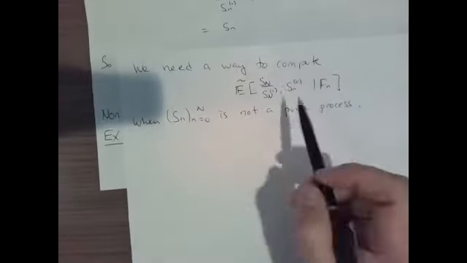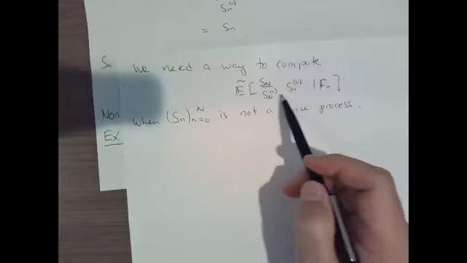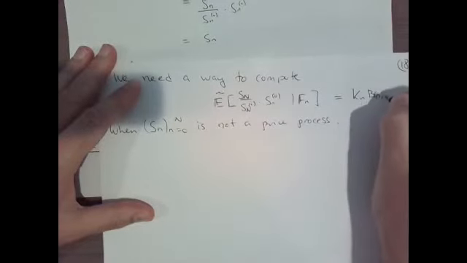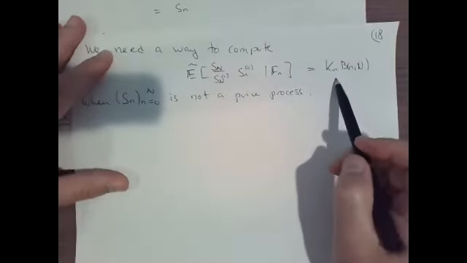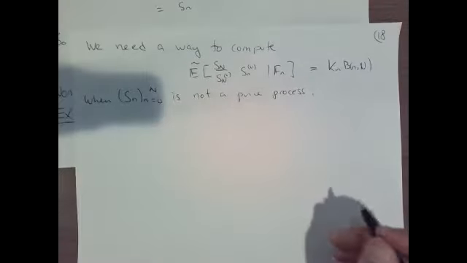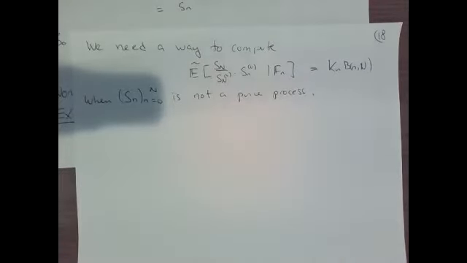Because whatever I'm going to get here is going to be equal to my Kn, Bn, capital N, and I want my forward price. So in order to get that, I need to be able to compute what this is. So this is a little bit problematic.